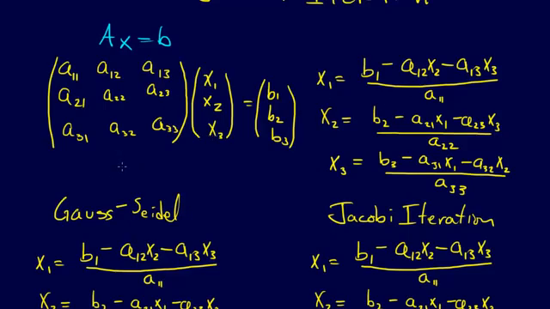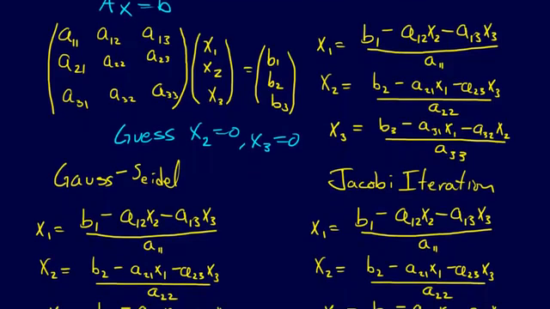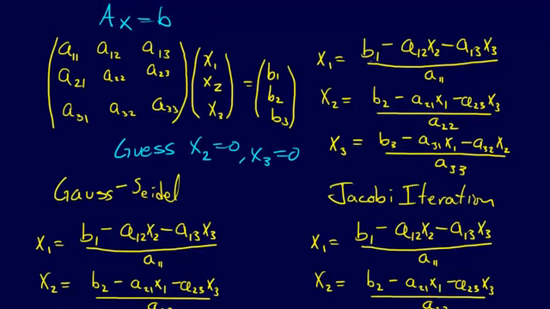As an initial guess, you can just guess x2 equals 0 and x3 equals 0, and you put that into the first equation. You just slip 0 in for x2 and x3, you solve the first equation, and you're going to get an estimate for x1, okay?